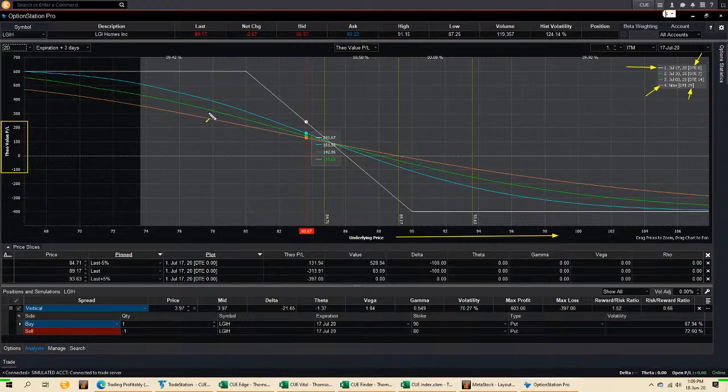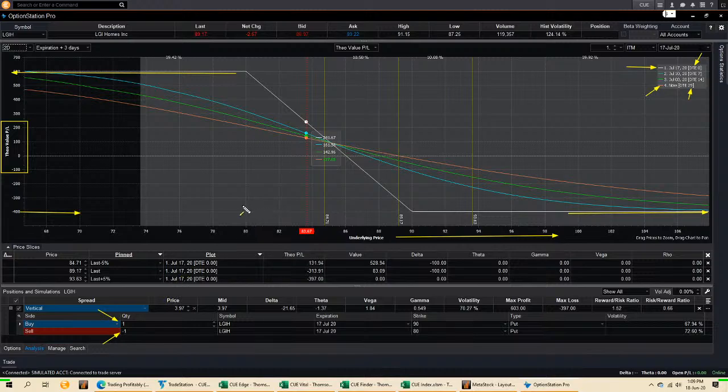It is showing that the maximum profit I can have is about $600 and the maximum loss I can have is about $400 here. That is using one lot. If your account size is larger, whatever your account size, you may choose the number of lots to take equal risk in all the trades.